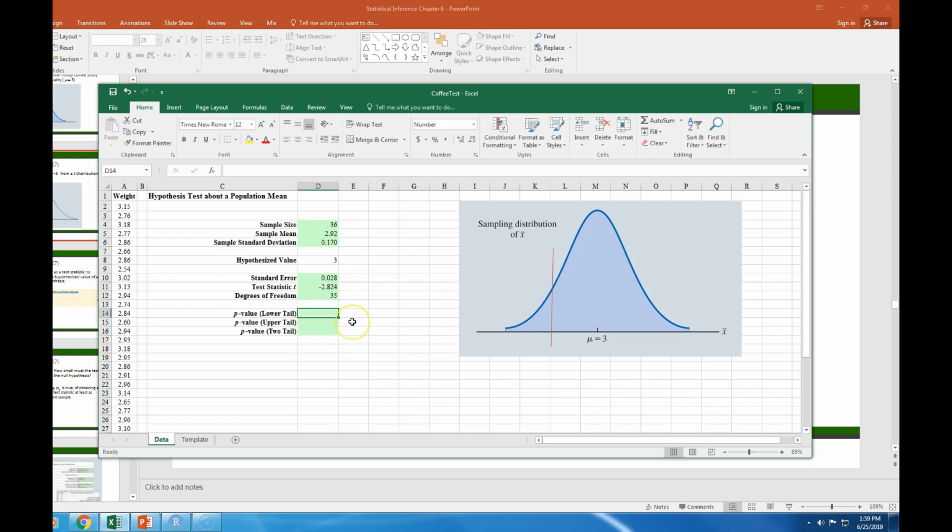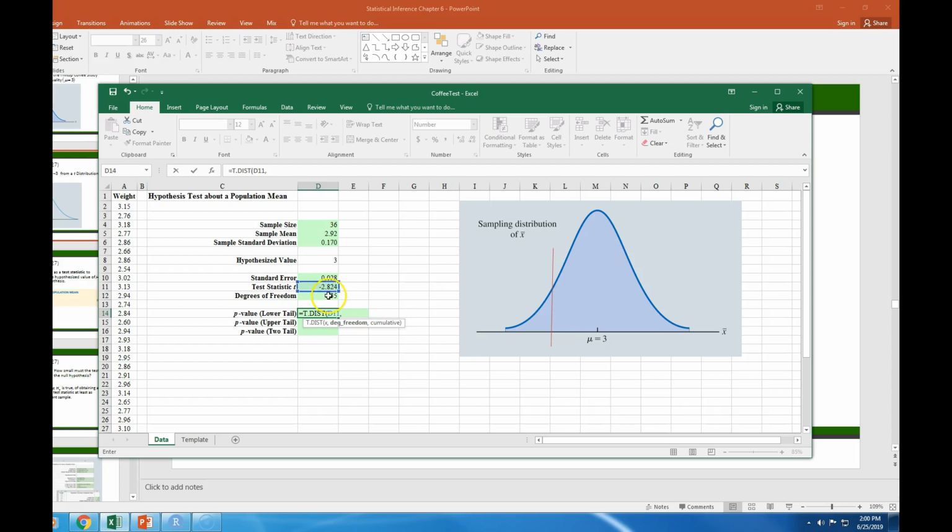And now we're going to use the student t-distribution. It's another distribution which mimics the normal distribution, but is more appropriate for smaller sample sizes. So we're going to use the T.DIST function. The first argument that we need is the value of our t-statistic.